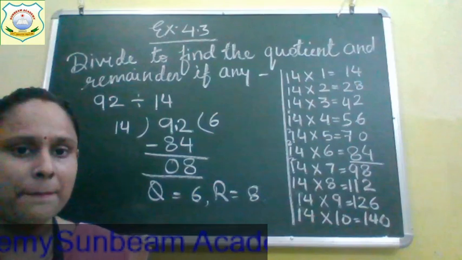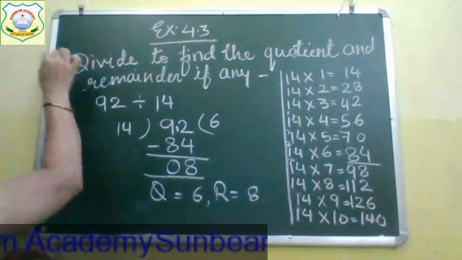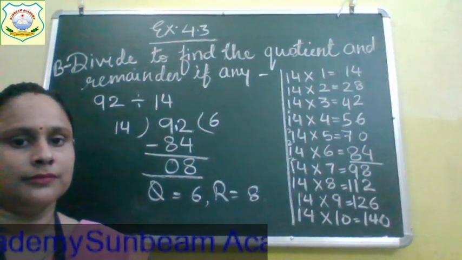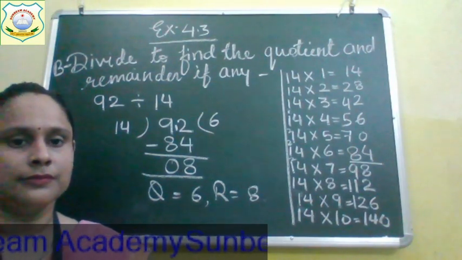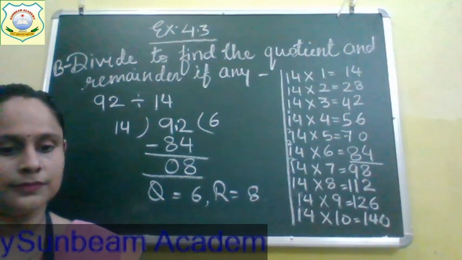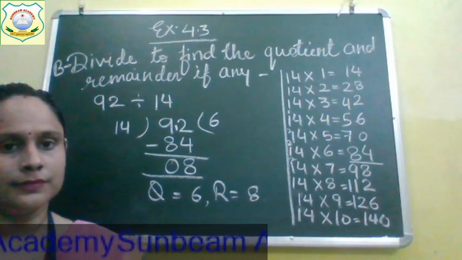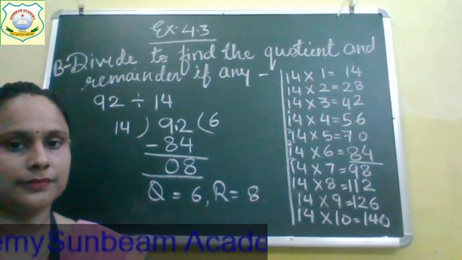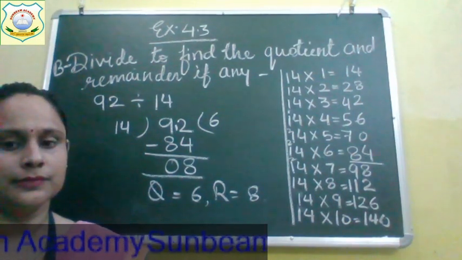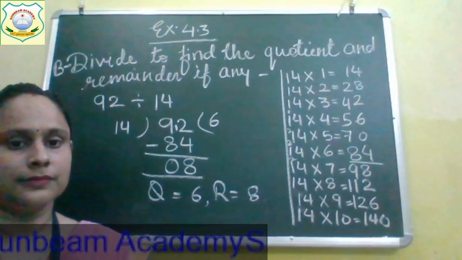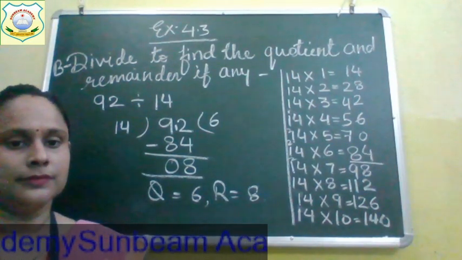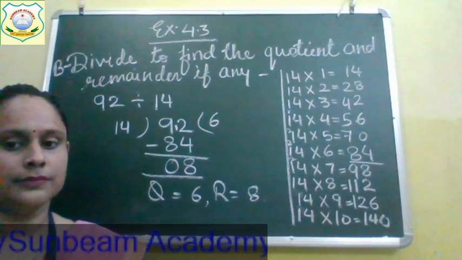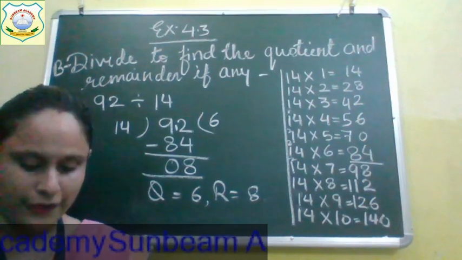Then give the heading question B, divide to find the quotient and remainder, if any. Done, all of you? Now see the next question.